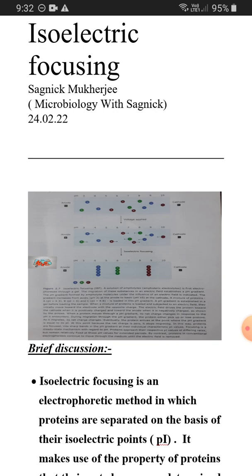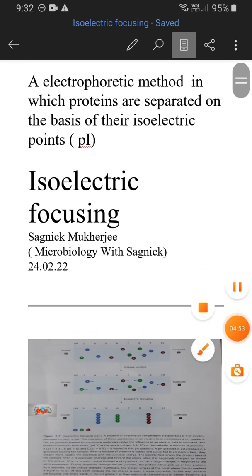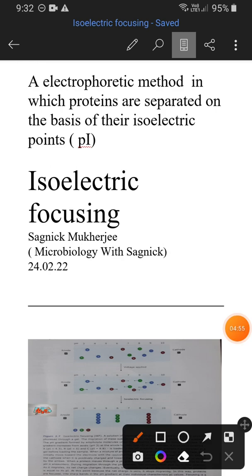Now, as we are saying that a protein's charge depends on the pH of the environment, there will be a pH point at which the amount of positive and negative charge in the protein is exactly equal.